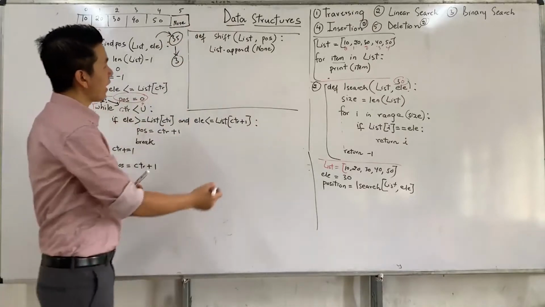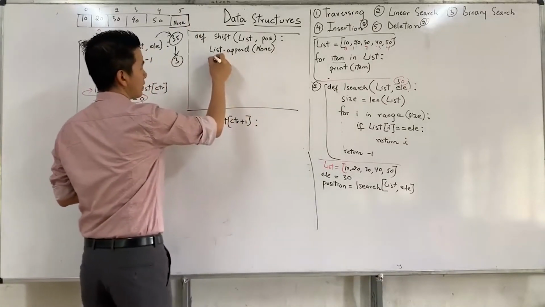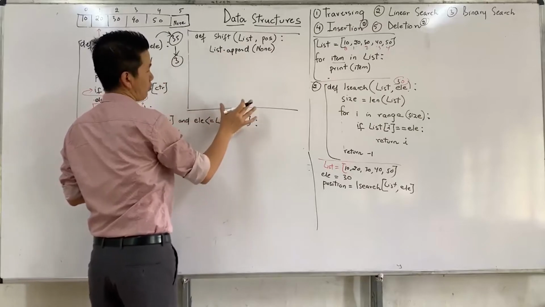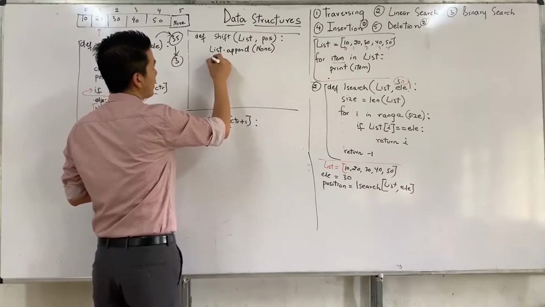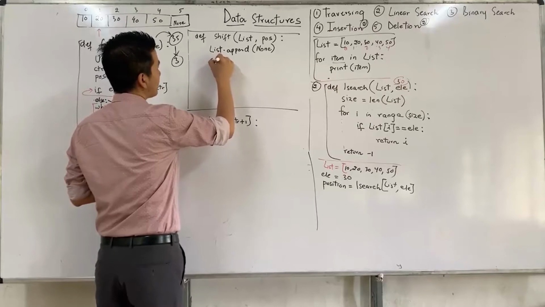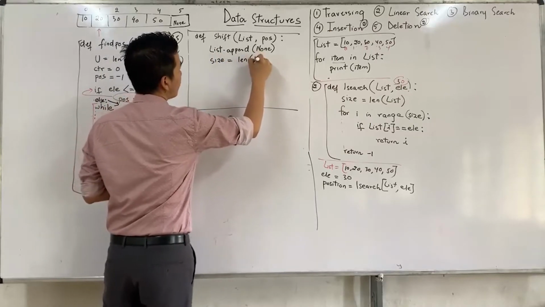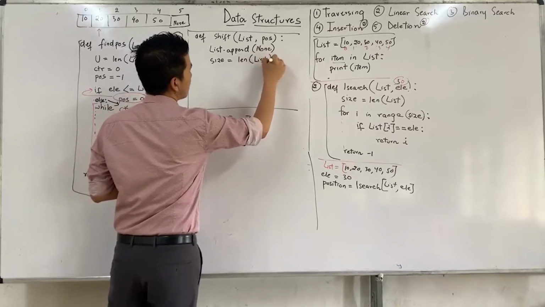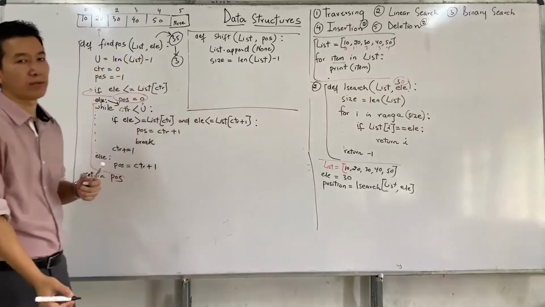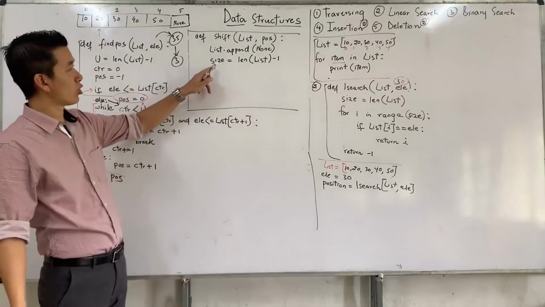The next step, I'll get size equals len of list minus 1. I now got the size.